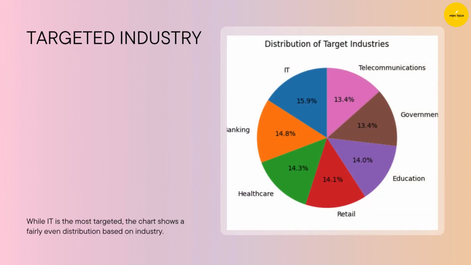So as you can see here, on first glance the pie chart looks relatively even based on distribution, but if you look a bit closer, the IT industry has a 15.9% target, followed by banking at 14.8, healthcare at 14.3, retail at 14.1, and education at 14.0. But like I said, our focus will be on the IT industry.